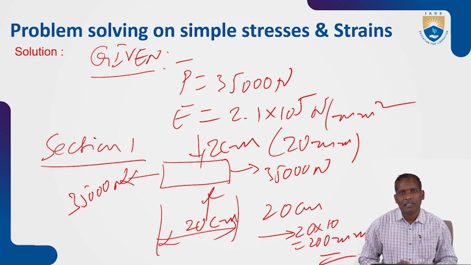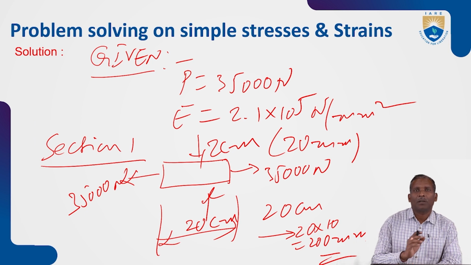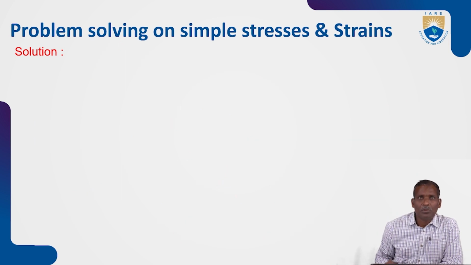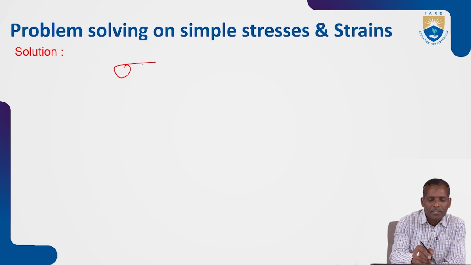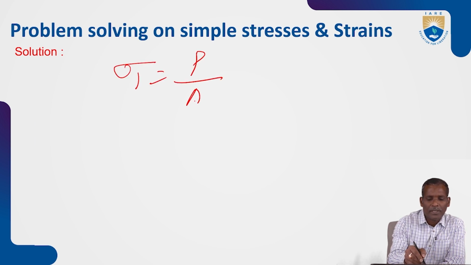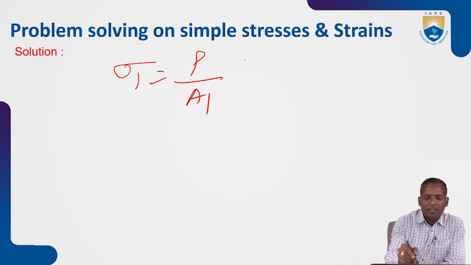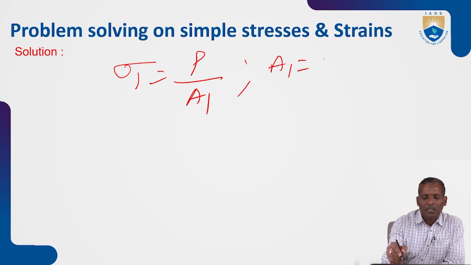So how do we calculate the stress? Already we have seen in a previous session. Stress is equal to load per area. So in section 1, stress is equal to load per area 1. How do you calculate the area? Area 1 is pi by 4 into d1 square.